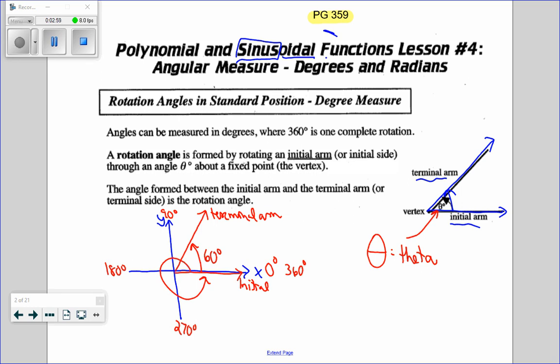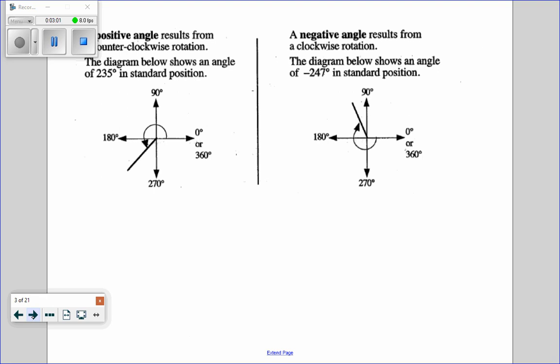Okay, so let's just draw a couple angles just to see if you remember how to do this. So if this is your initial arm, if you go up off of it, that is a positive angle. And if you go down off of it, we call that a negative angle. So think of it as a positive angle is counterclockwise and a negative angle is clockwise, which seems kind of backwards, right?